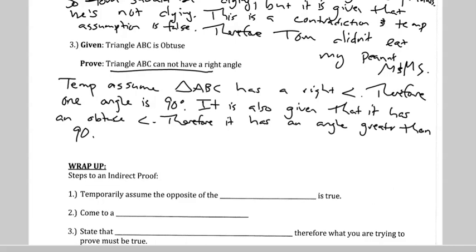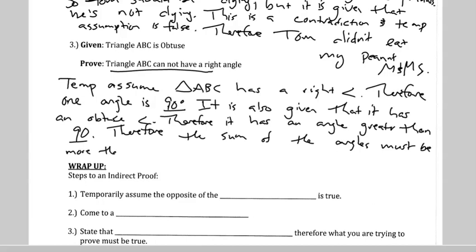Do you guys see a problem with this? You have one angle that's 90 and you have one that's even greater than 90. Therefore, the sum is what? Sum of the angles must be more than 180 degrees.